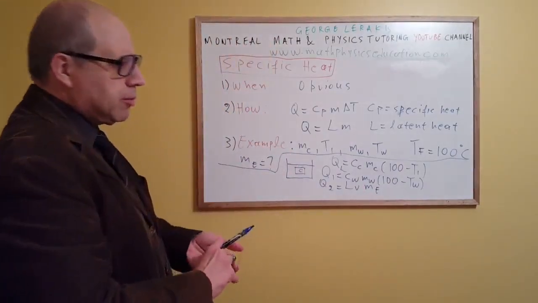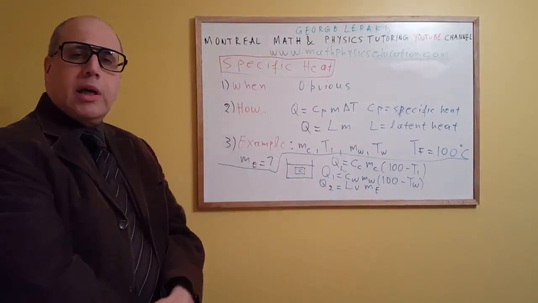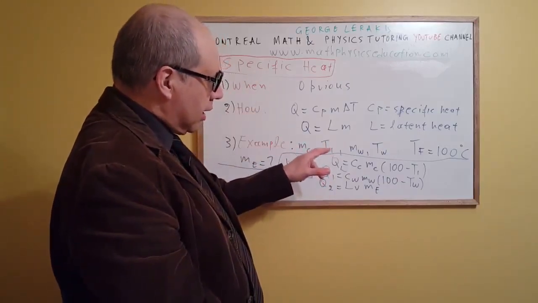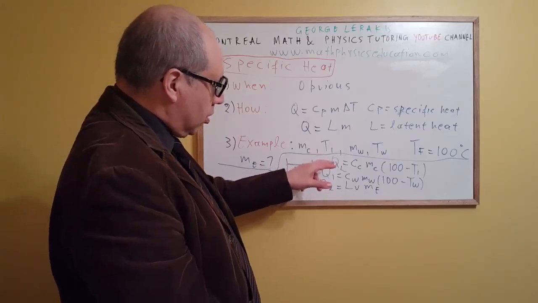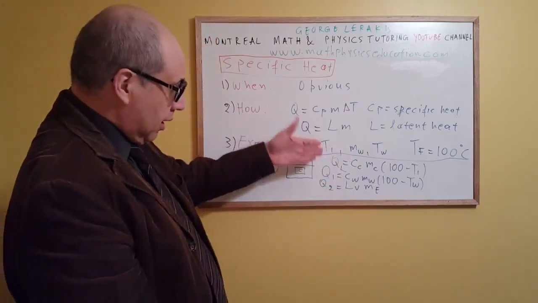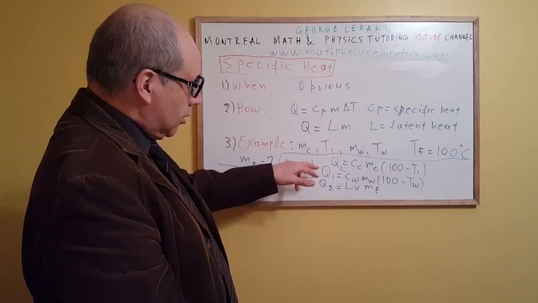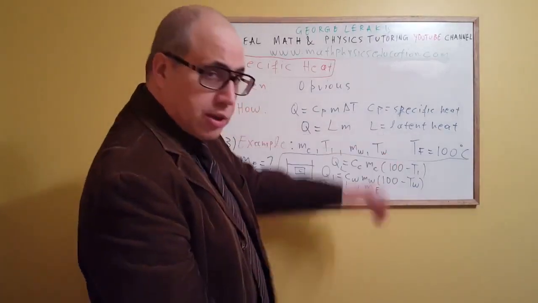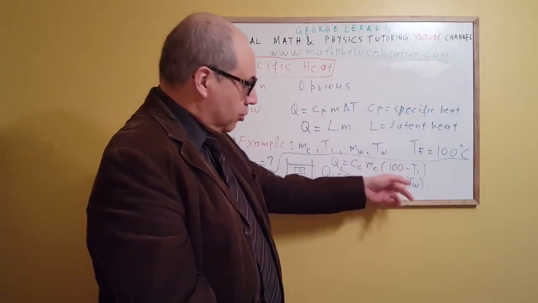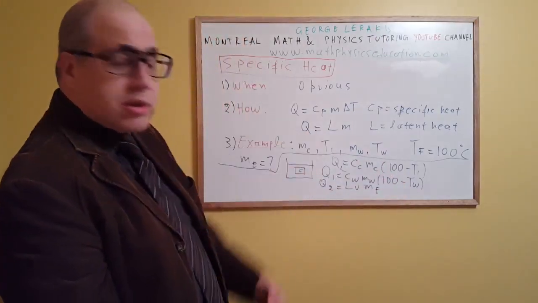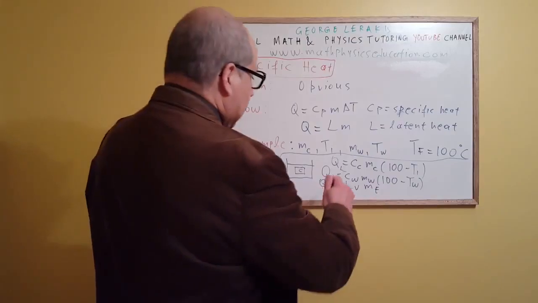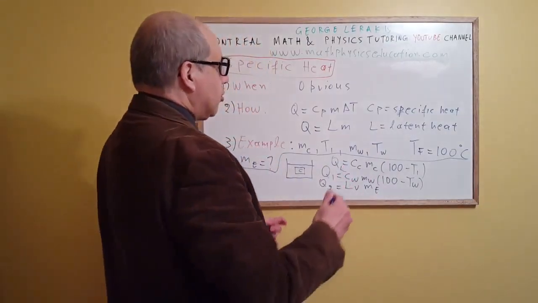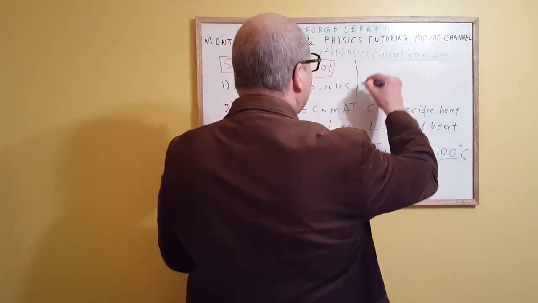So what happens? Because this is a contained system, the energy that is lost from the copper, the heat that is lost from the copper, will have to go to the water in order first to increase its temperature, to go from TW to 100, and then to change state. So that means that QL has to be equal to Q1 plus Q2. So let's continue here.